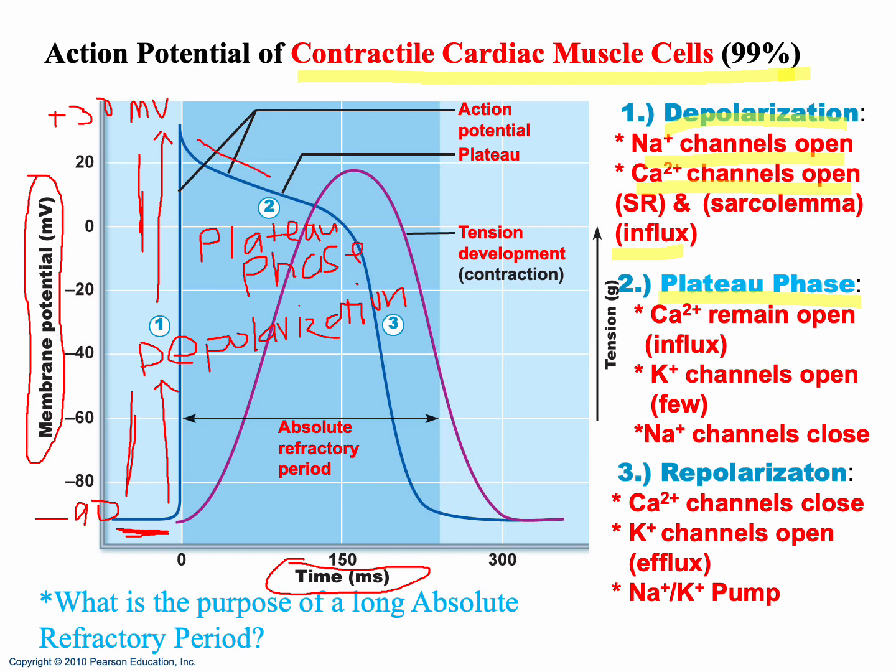So that's this area right here, the plateau phase. You can see the curve is going down slightly, but it's a little flat there. It's not a huge sharp drop, but it does drop a little bit in charge.